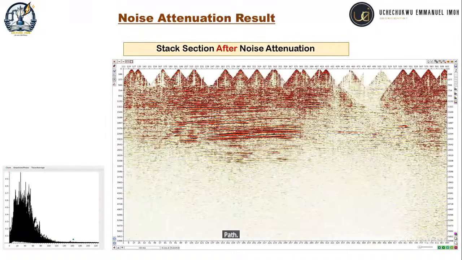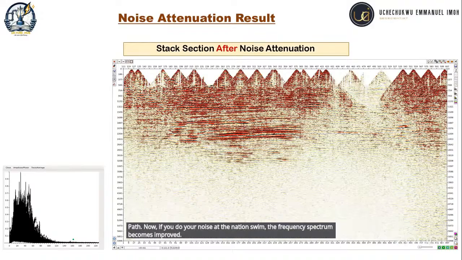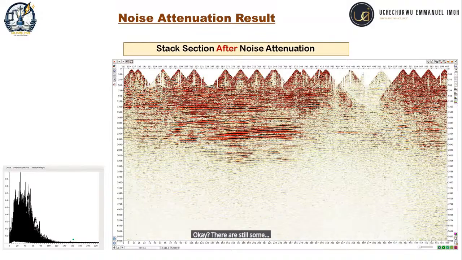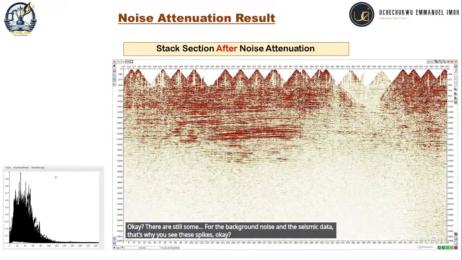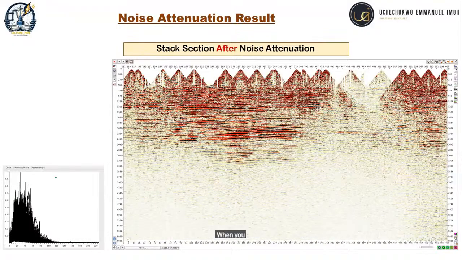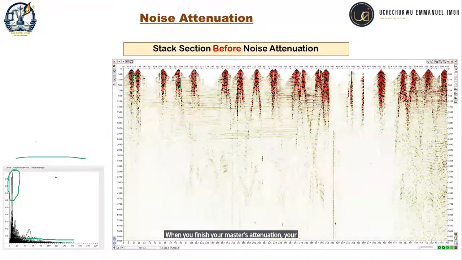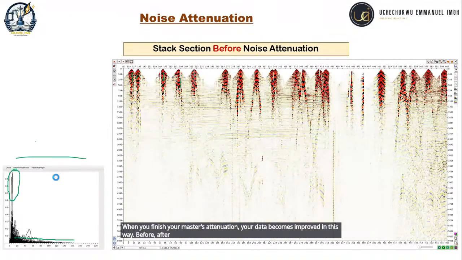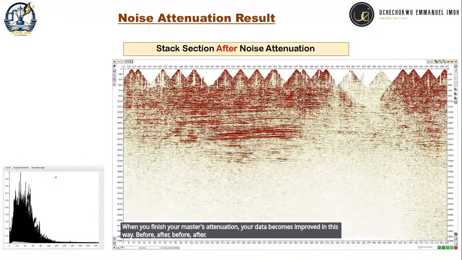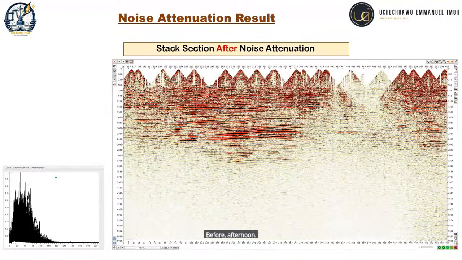Now, if you do your noise attenuation, the frequency spectrum becomes improved. There is still some background noise in the seismic data, that's why you see the spikes. But typically, when you finish your noise attenuation, your data becomes improved in this way: before, after. I hope that is understood.